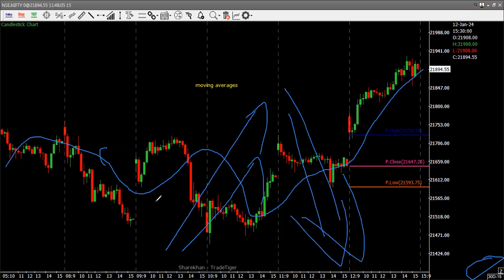The market is dynamic in its nature and will follow its own course. Moving averages just define the current direction. Just have a look at the moving average and you will get an idea of the direction of the market.